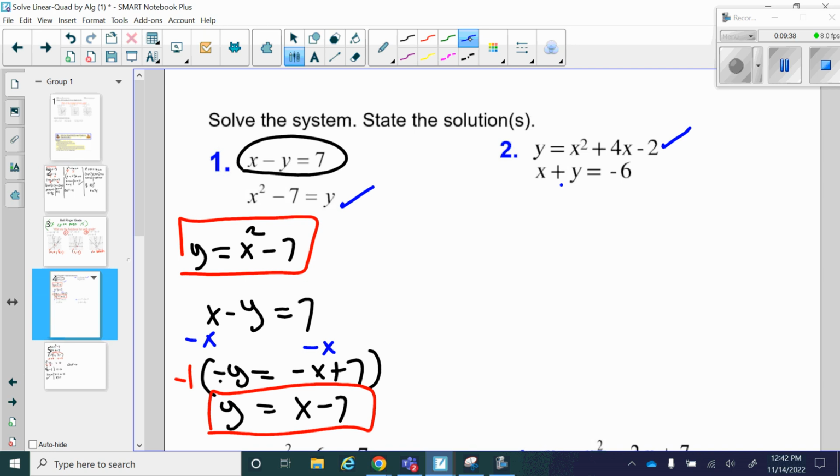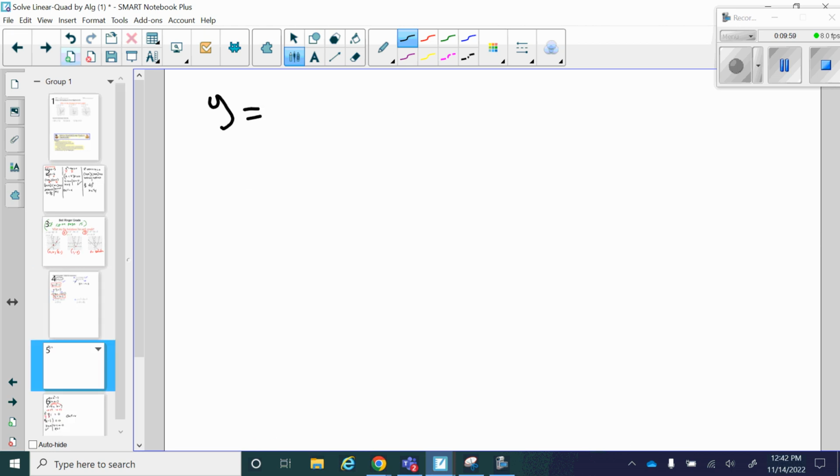To do that, I'm just going to minus x on both sides. And so now that goes away. I'm left with y is equal to minus x minus 6. So now I have both equations defined for y. So on the next page, we have y equals, is it x minus 6?